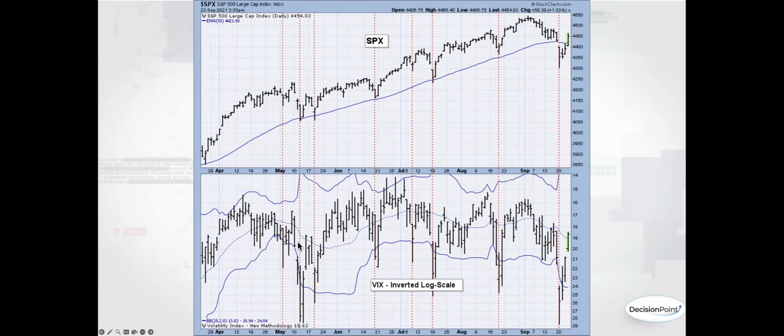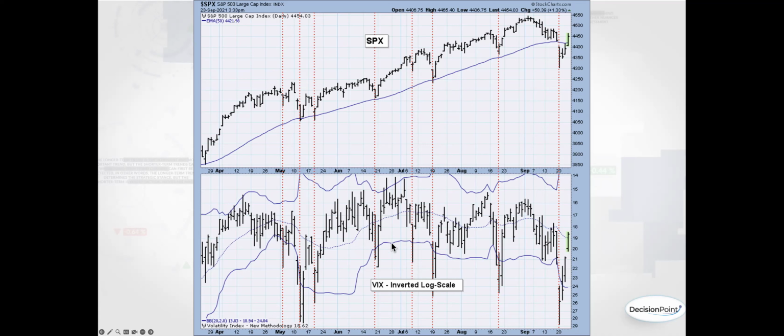Again, we invert this. So you got the penetration of that lower Bollinger Band, and that signaled a climax day. In this case, a downside climax. A lot of times when you get the VIX penetrating these bands, you look for the opposite to happen.